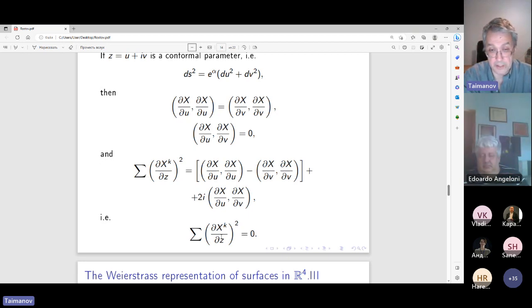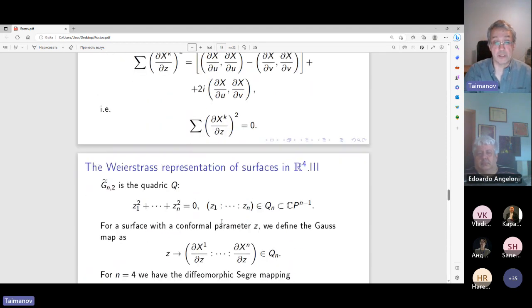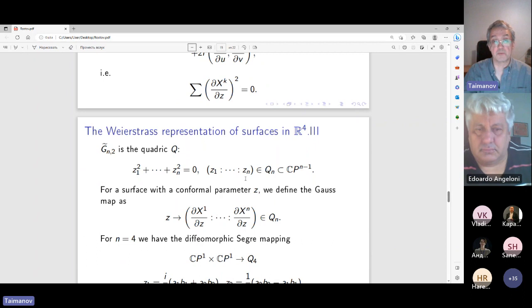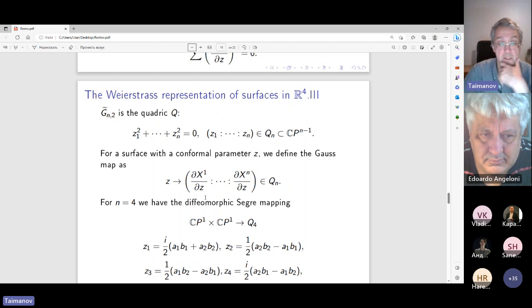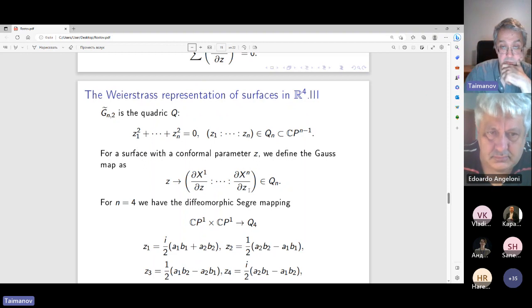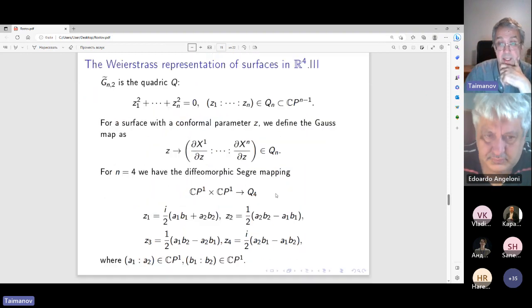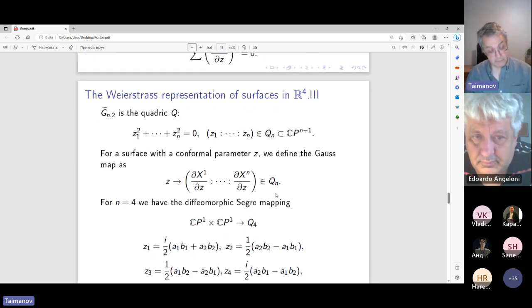Two such vectors define the same plane if we can get one from the other by multiplying by some non-vanishing complex constant. This means only that these are projective coordinates, z1, ..., zn. And this mapping from z to a point in the projective space is nothing else but the Gauss map, which maps the point z to the oriented tangent plane at this point.